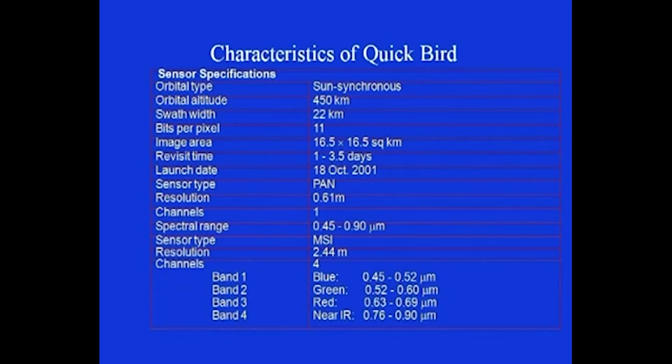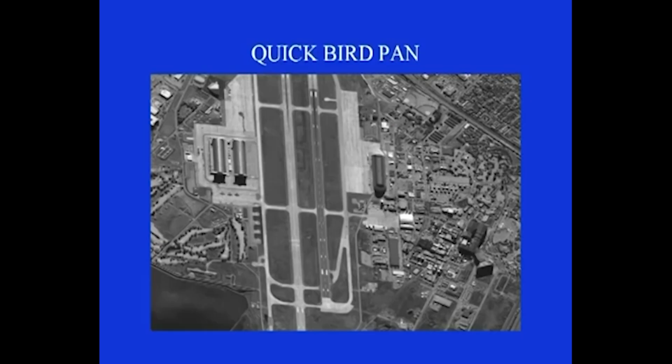This particular sample shows the QuickBird data acquired in the pan mode, that is at 61 centimeter resolution, and here the user can very well see it is of an airport region, and the various markings on the runway can be seen very clearly. Apart from that, one can also see the individual trees, the vehicles parked in the airport terminal areas, and other buildings in the close vicinity are very clearly visible.